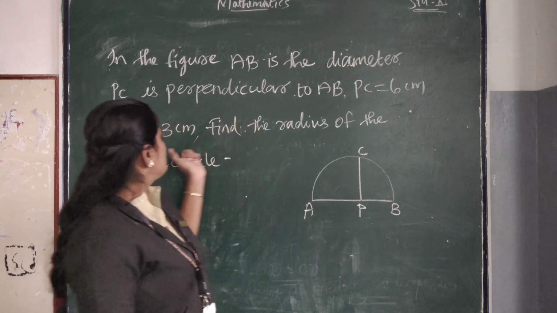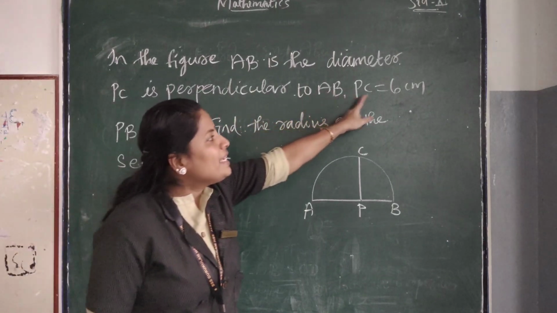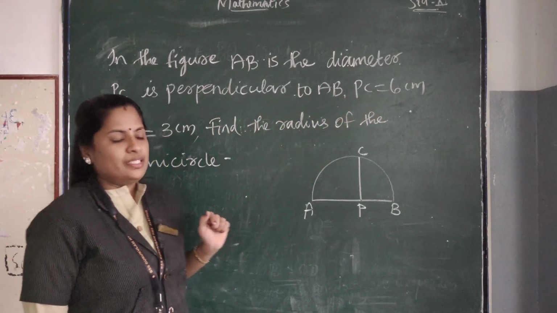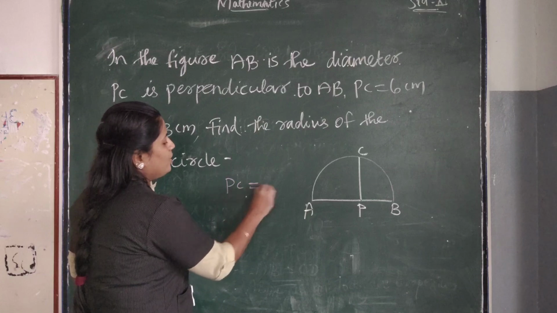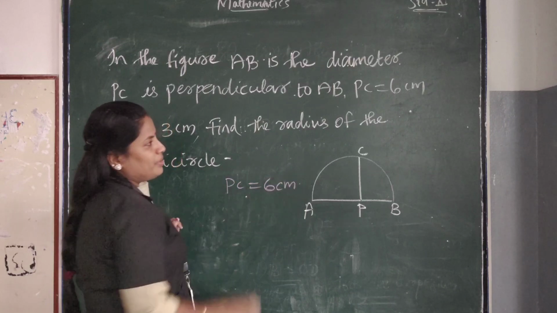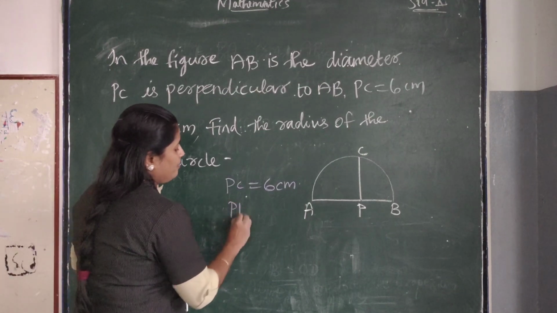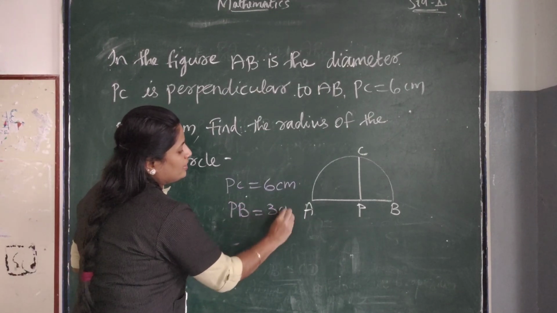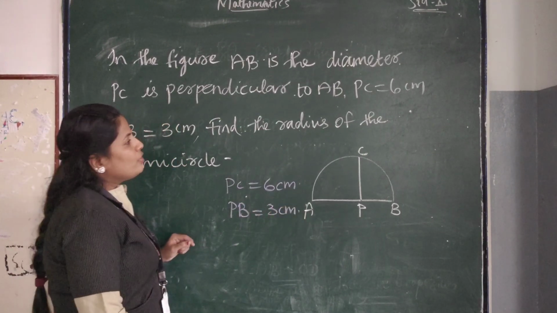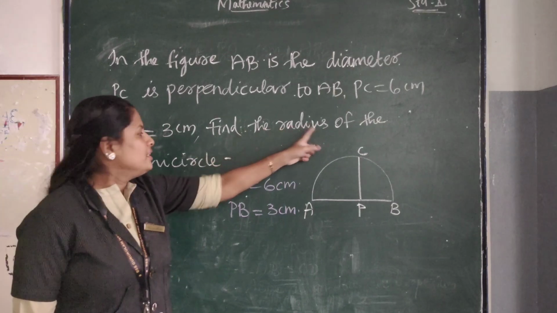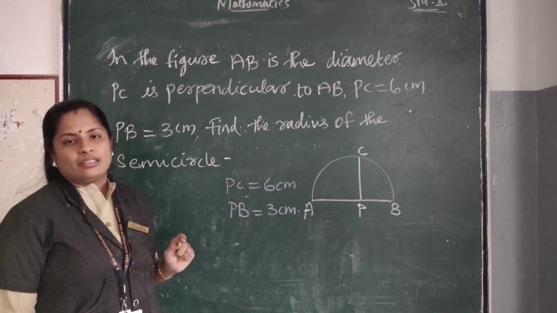In this question, given PC equal to 6 cm and PB equal to 3 cm. So here we have to find out the radius of the semicircle.